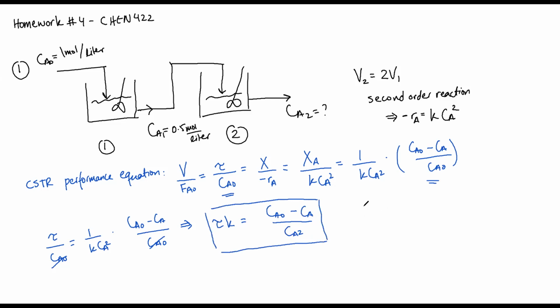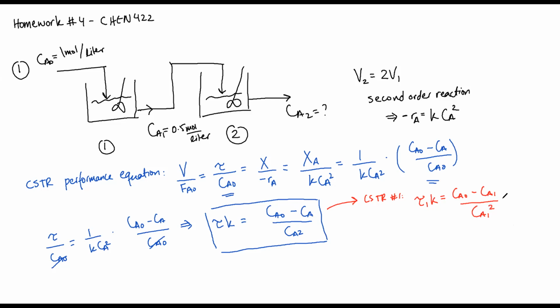So let's look at the first CSTR. Let's look at CSTR1 now. I'm going to write the equation as tau1 K is equal to CA0 minus CA1 over CA1 squared, right?